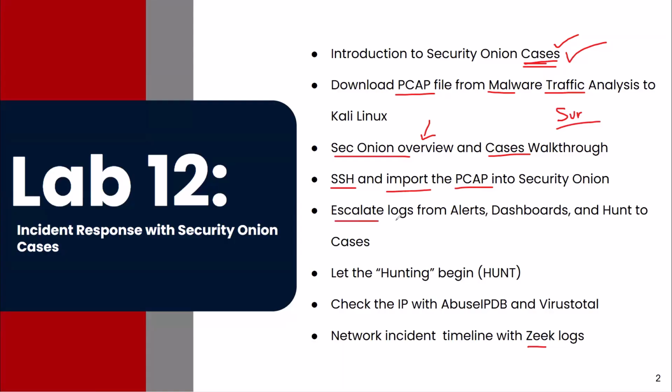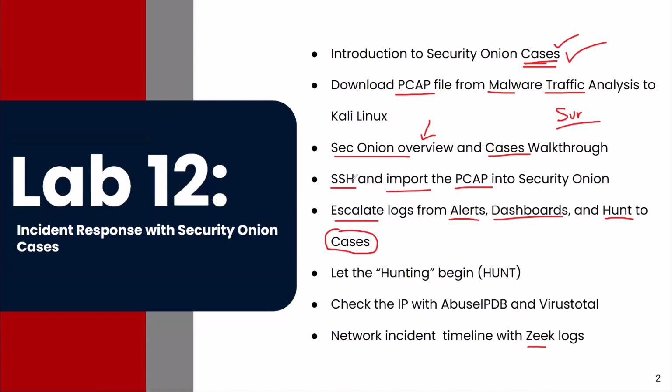Then we are going to take a look at escalating logs, right? There's three places where you can escalate logs from if you want to put them into cases. So Security Onion has the Alerts tab, the Dashboards tab, and the Hunt tab for the threat hunters. Now you can escalate logs or incidents from those three different places.